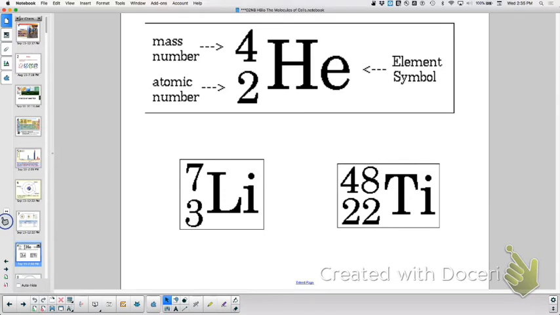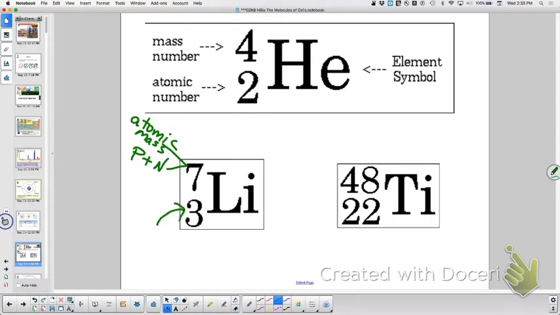Let's talk about lithium. This 7 right here represents the what? Atomic mass. Good. And the atomic mass consists of what 2 things? Protons plus neutrons. So if I'm going, is it 3.5 protons and 3.5 neutrons to get it to 7? No. How could I figure it out?